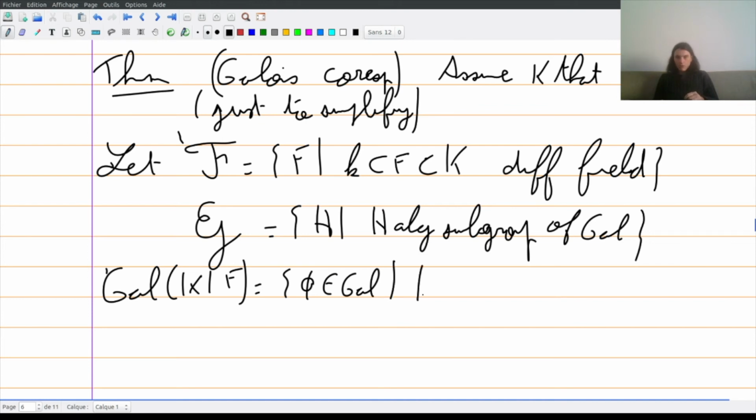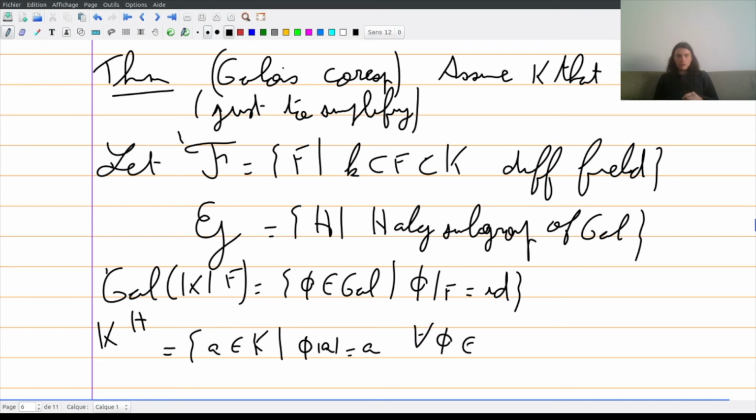So it's the element of the Galois group such that restriction with respect to F is the identity, and K of H is the element that fixes every element of H.